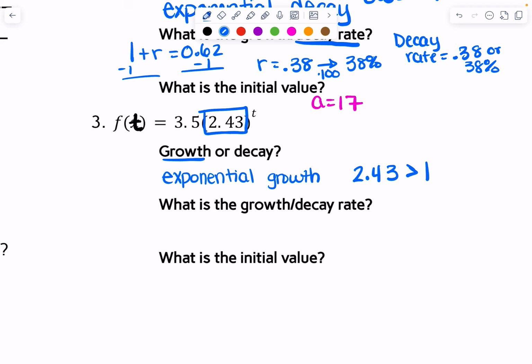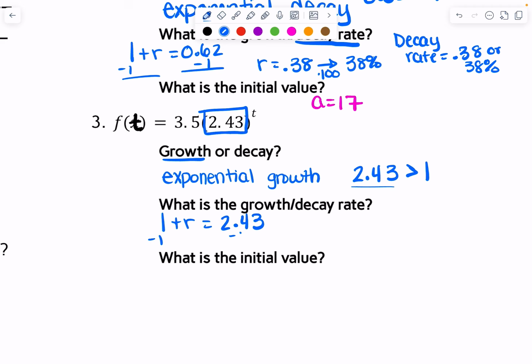Now take a moment, knowing that this is our base, 2.43, to try to figure out what the growth rate is. You can pause the video, try to figure out what that growth rate is, and then come back and we'll go through it. Using that 1 plus r again, we know that is going to give us 2.43. Same thing we did before.